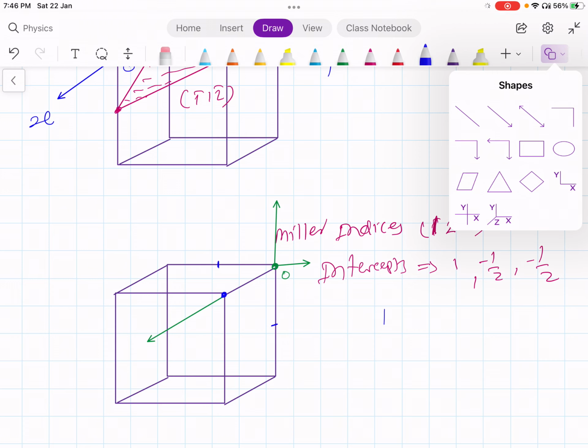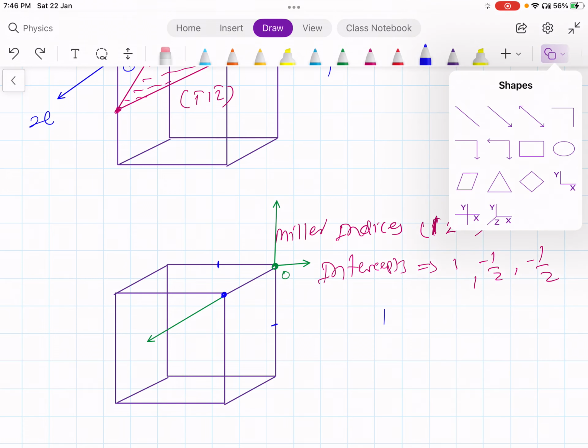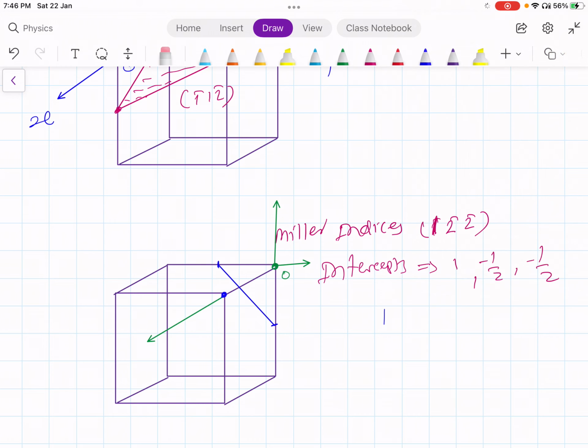Let's join the points. So this is the plane, which is 1 bar 2 bar 2.